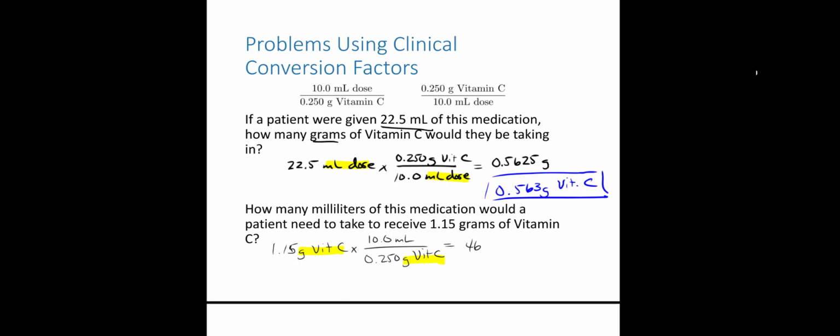So remember, when you get less significant digits from your calculator, you just need to add on zeros in the correct way. So if this is 46, that's in the ones place. We're going to need a 0 in the tens place. And the unit that's left over is milliliters. So 46.0 milliliters is how much they'd have to be given.